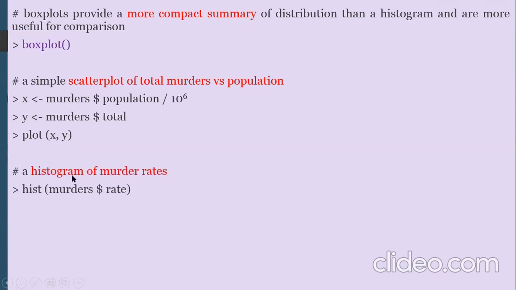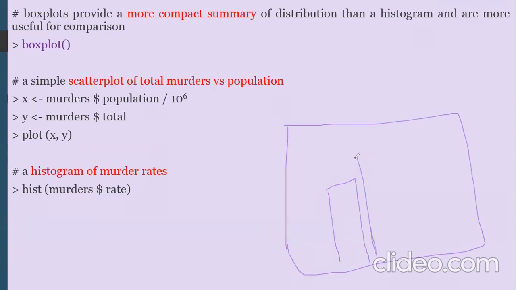Similarly, if you want to draw a histogram of murder rates, just write hist and the murders data frame and access to the rate. It will give the histogram of murder rates in different states of the US.